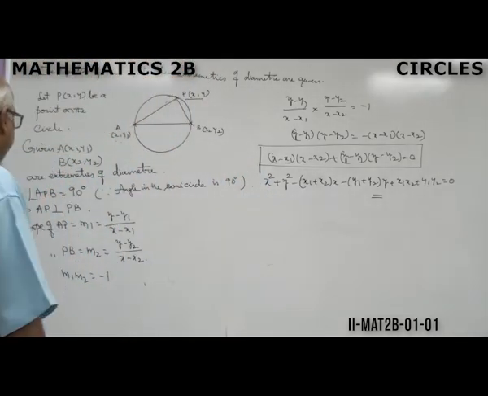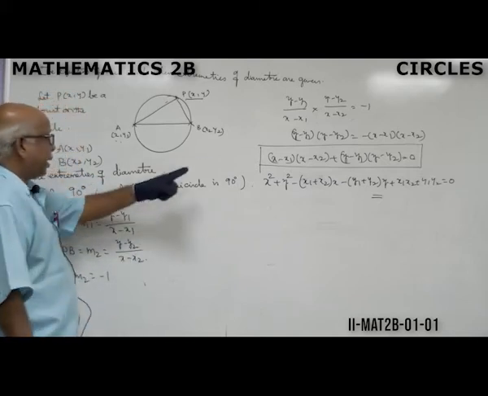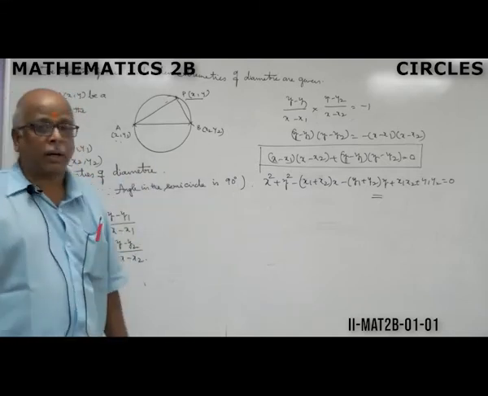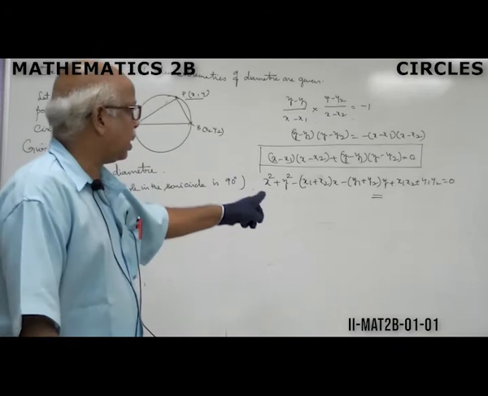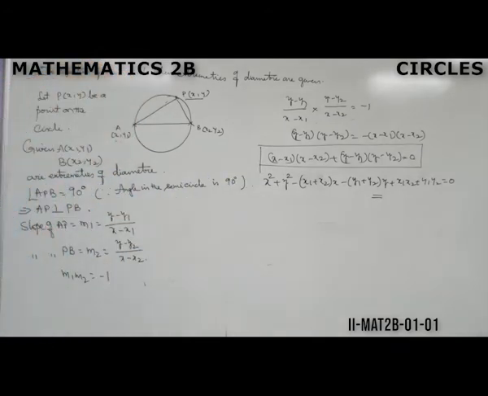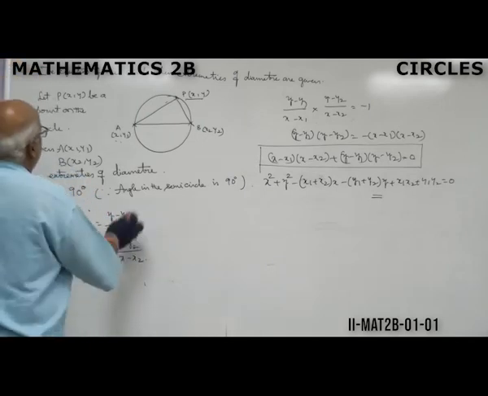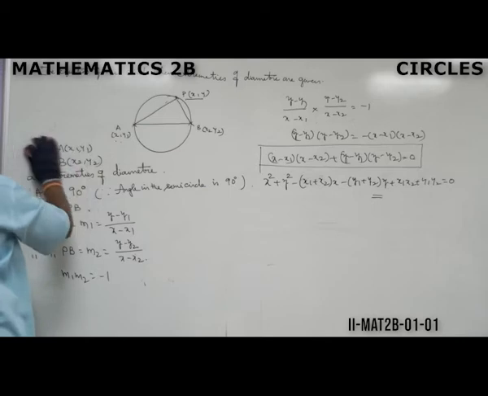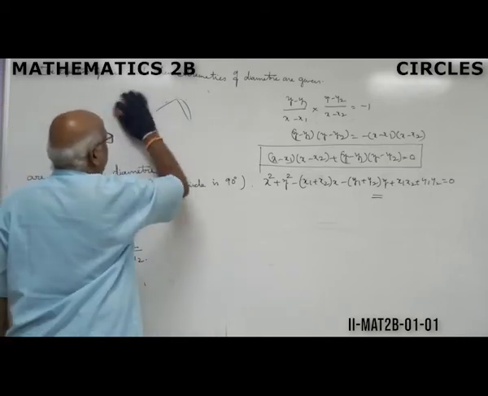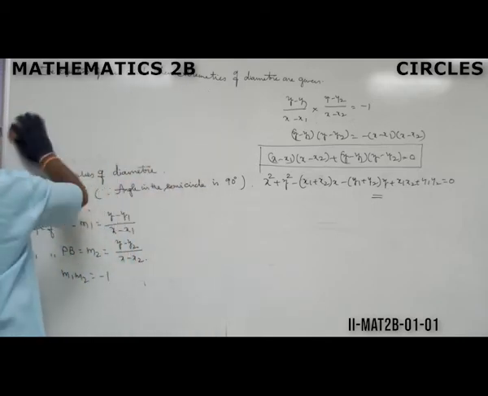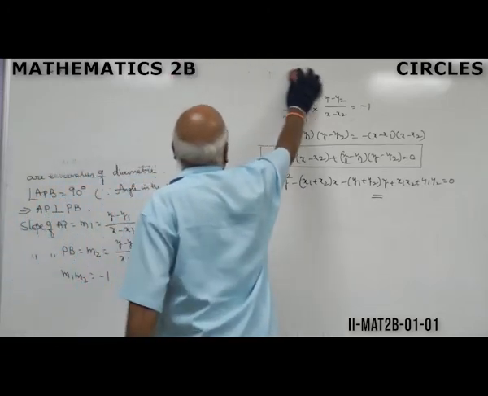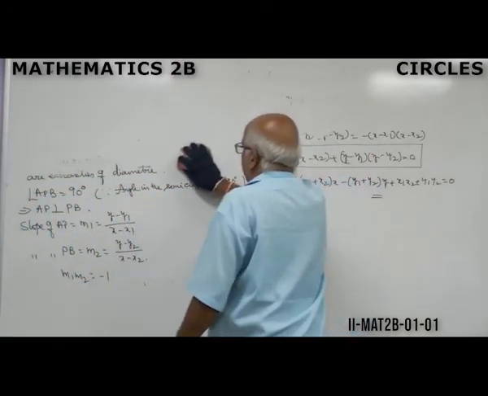The third one, when extremities of diameter are given, we can find the equation of the circle. In the entire circle chapter, these three are the main important theorems which, in general, we apply to find the equation of the circle in different conditions.